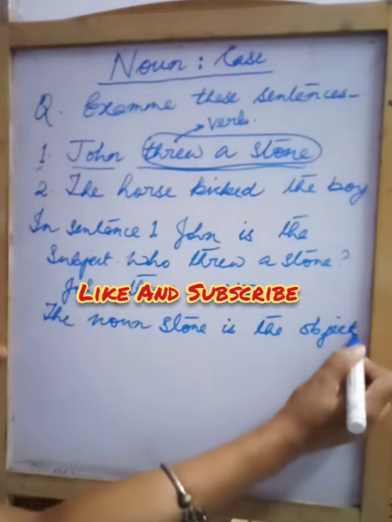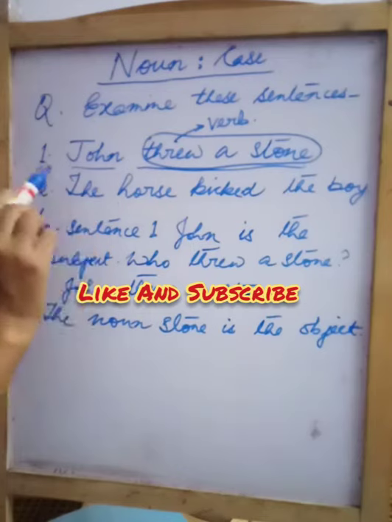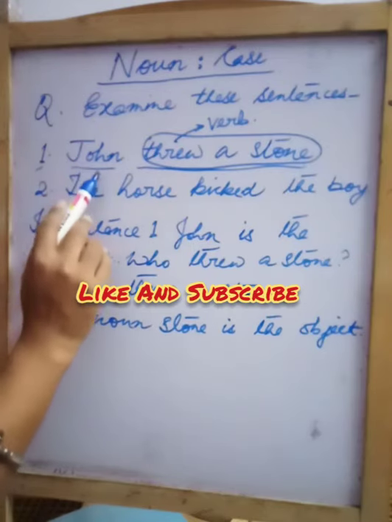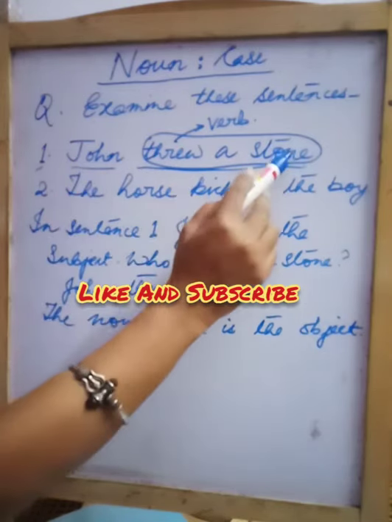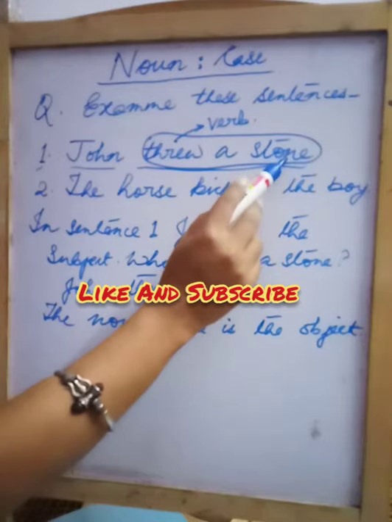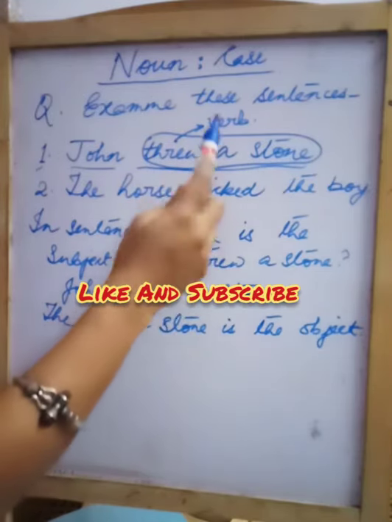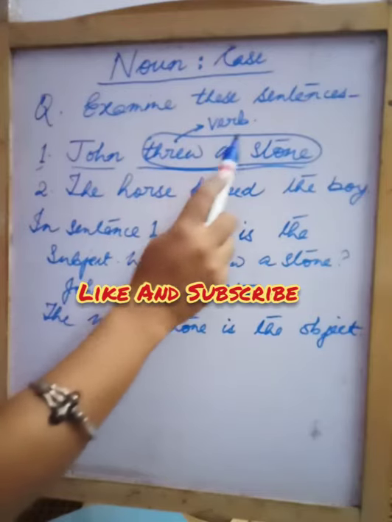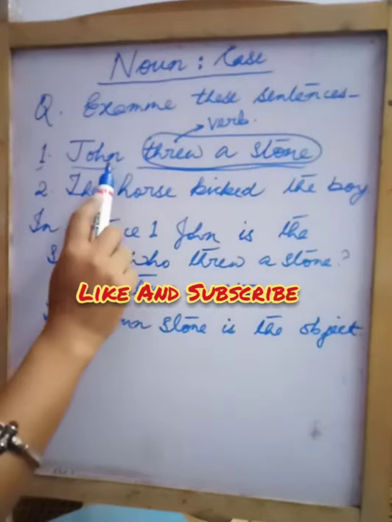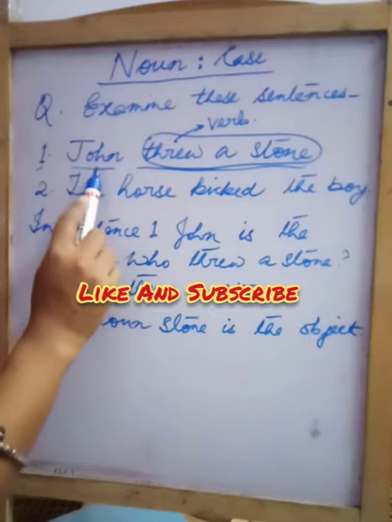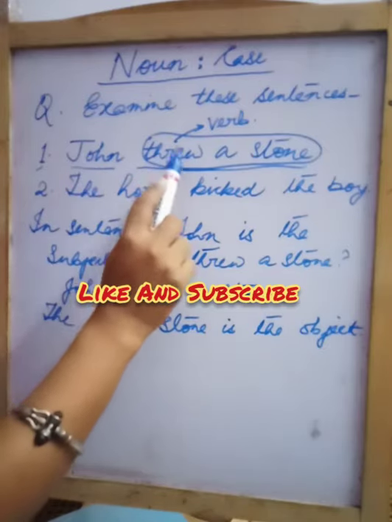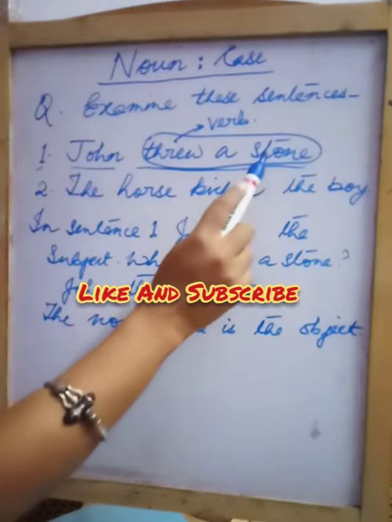So in total, a sentence has a subject, a verb and an object. The predicate part will contain the verb that will indicate the action of the subject, and the object. Okay, in this case John threw a stone. John is the subject, threw, the action, is the verb, and stone is the object.